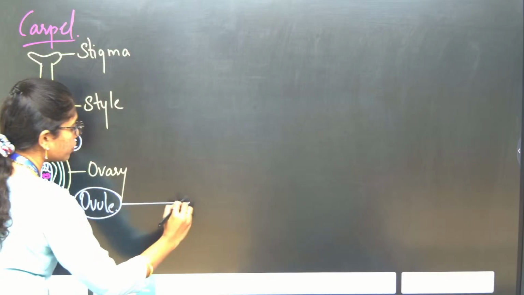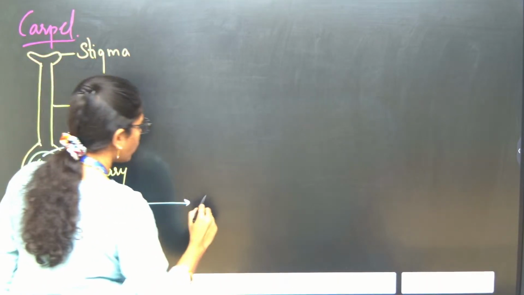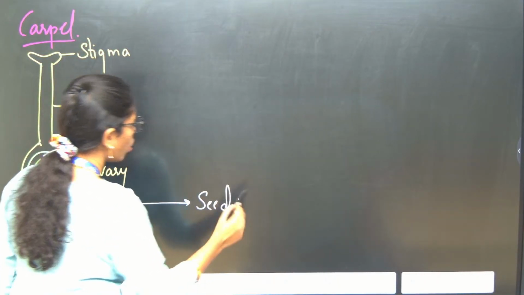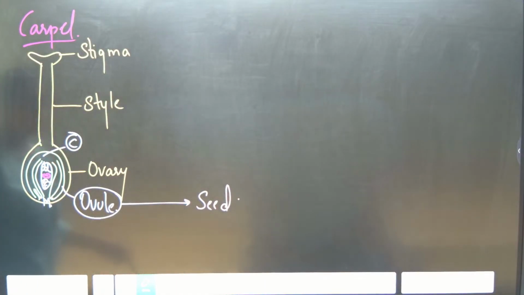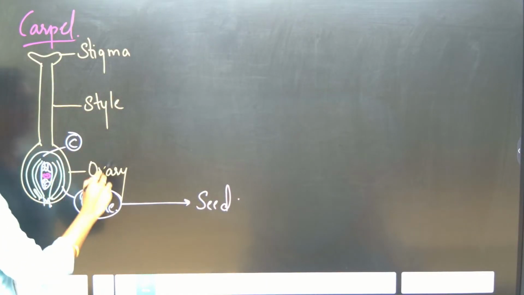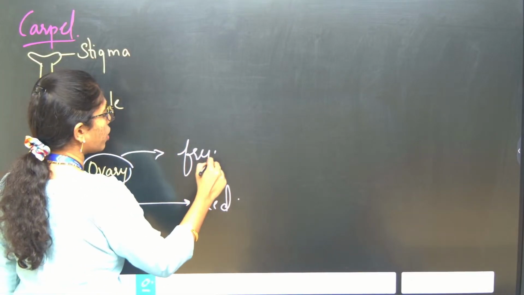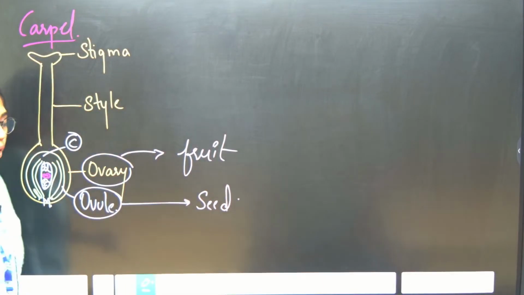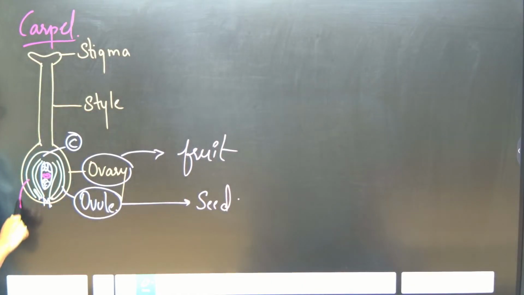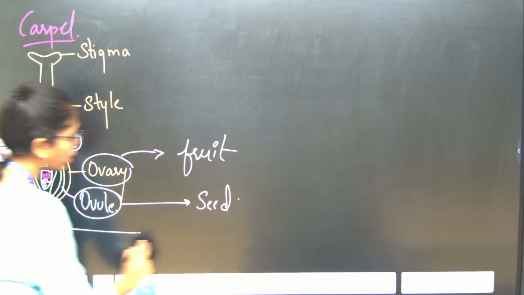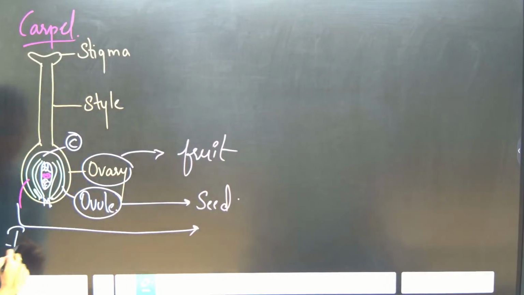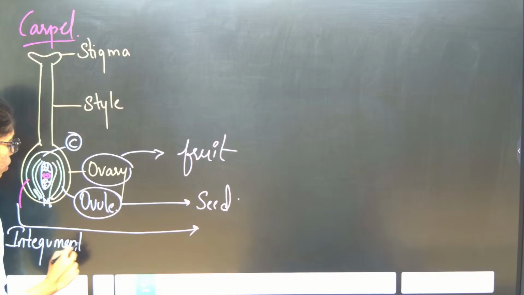Ovule post fertilization will turn to what? Seed. Ovule post fertilization will turn to seed, and ovary wall, this ovary wall or ovary post fertilization, this modifies to fruit. Okay, and here the integuments of ovule will modify to what? Integuments to seed coat.